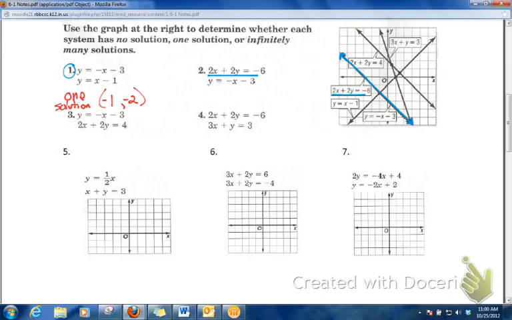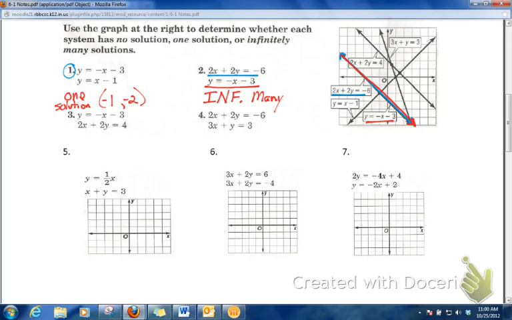And then, like I said, this equation is also y equals -x minus 3, which is right here, so it's pointing at the same exact line. So these two lines are right on top of each other, which means how many solutions do they have? They have infinitely many. Now I'm going to let you abbreviate infinitely as just INF, infinitely many solutions.